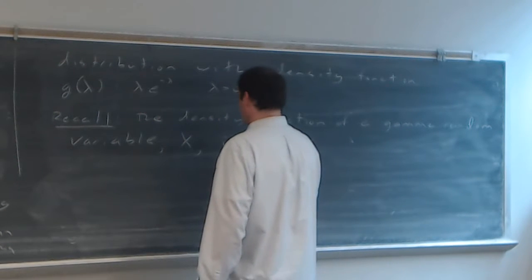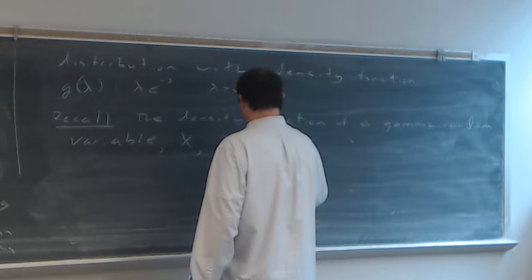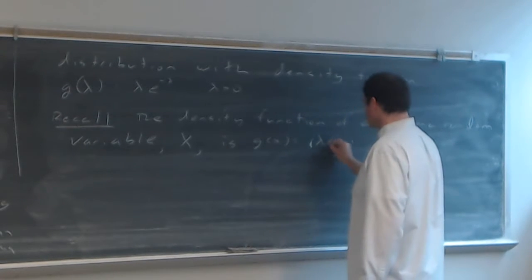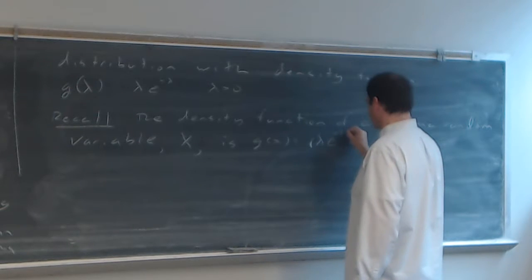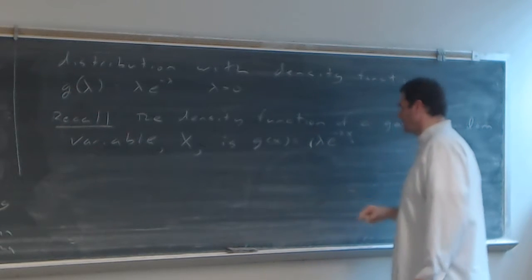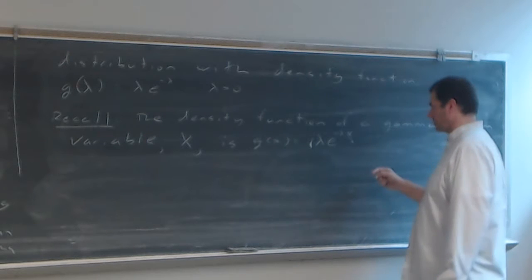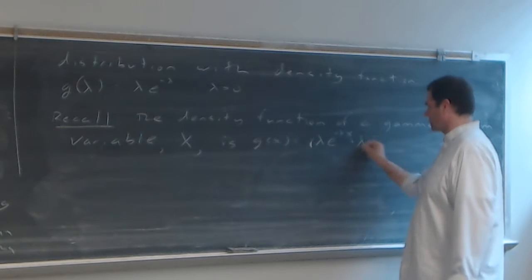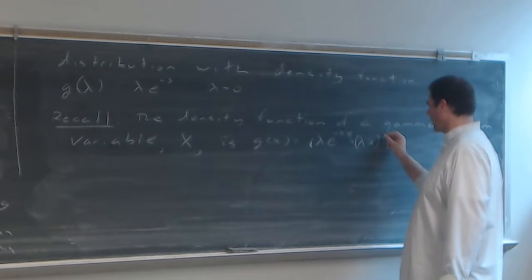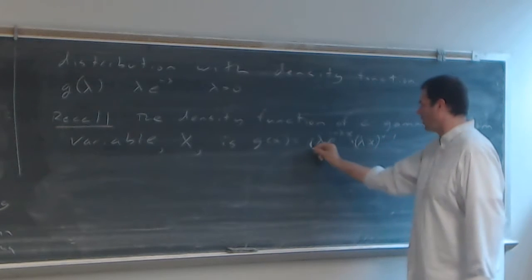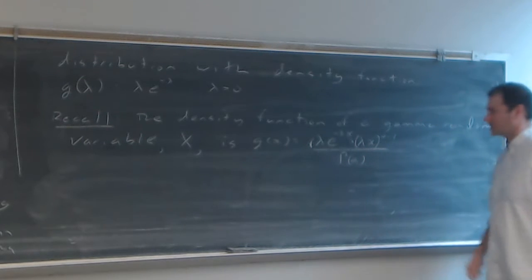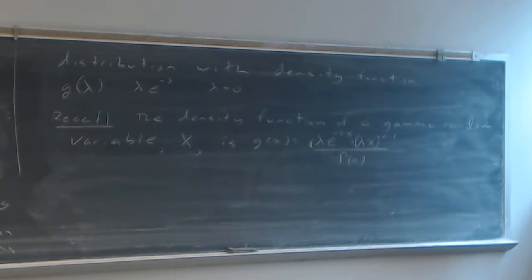Here we can write it as f of x. And it was lambda times e to the minus lambda x, lambda x raised to the alpha minus 1, over the function gamma of alpha. So that's what it was.